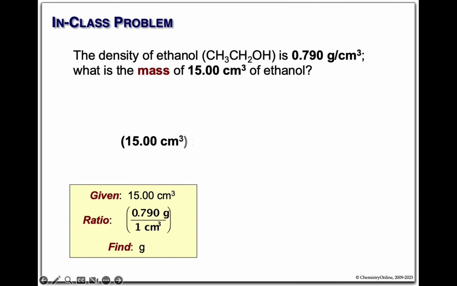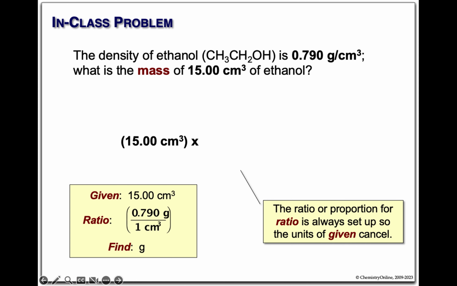As our given, the ratio is set up with cubic centimeters in our denominator. Cubic centimeters will cancel. Simply multiply it out. We get 11.8 grams. Our given, our ratio, and what we're trying to find.